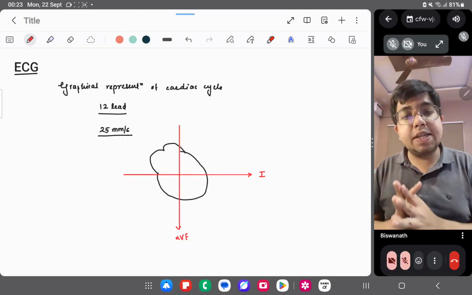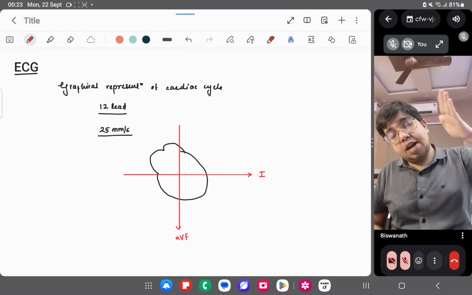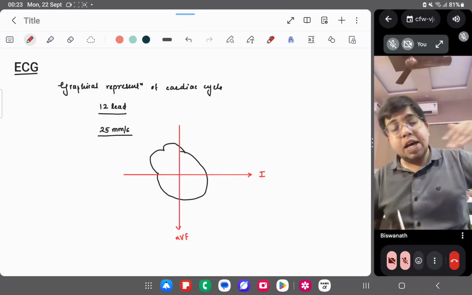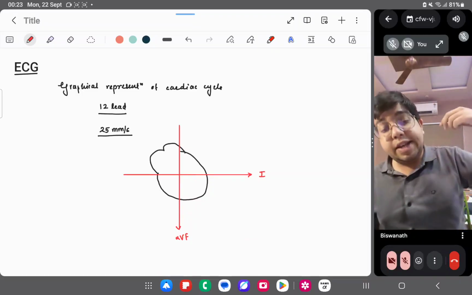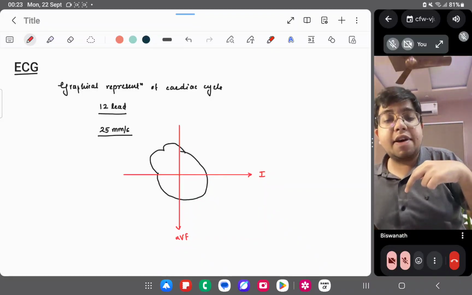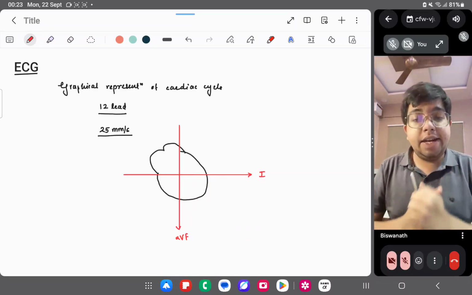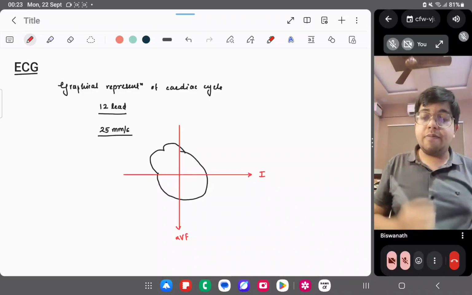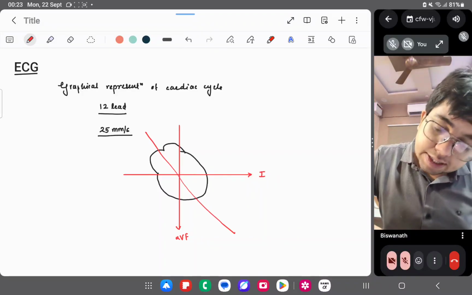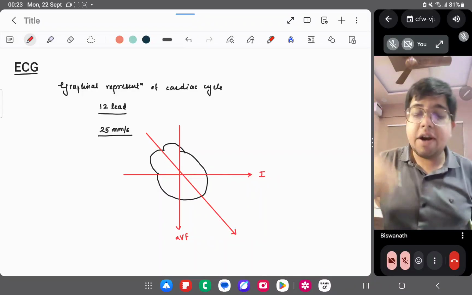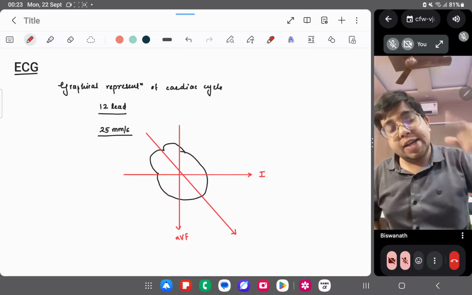Remember, the heart has an axis, the heart has a base, the heart has an apex. The lead that is passing along the axis of the heart is lead number two. So it is the maximally aligned lead with the normal vector. The normal vector of the heart is the heart direction, and the lead that is coinciding with, that is seeing at the normal vector of the heart, is lead number two.